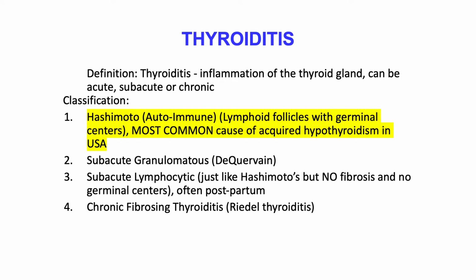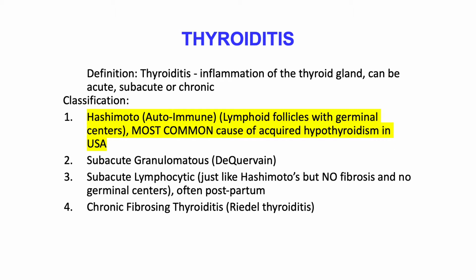So coming to the thyroiditis definition, it is the inflammation of thyroid gland that can present in acute mode, subacute, or as a chronic presentation. The classification includes Hashimoto's thyroiditis, that is a prototype of autoimmune thyroiditis.